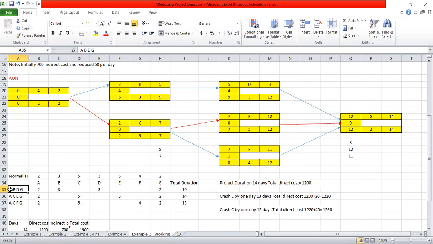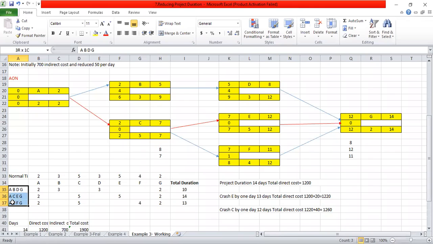So this is the first path. The second path is A, C, E, G. The third path is A, C, F, G. So according to this example, there are 3 paths that we can go.